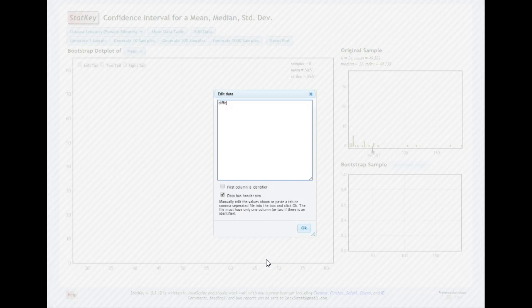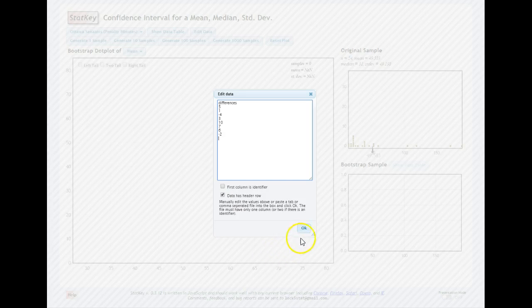So our list of differences might be 5, for treatment A was 5 more than treatment B, followed by 1, A was 1 more than B, followed by -4, because A was -4 better than B, which really means that B was 4 better than A, or higher, not necessarily better, but higher. And you could continue to have this list of differences that your study found, and so we're going to enter in this test data for this situation.